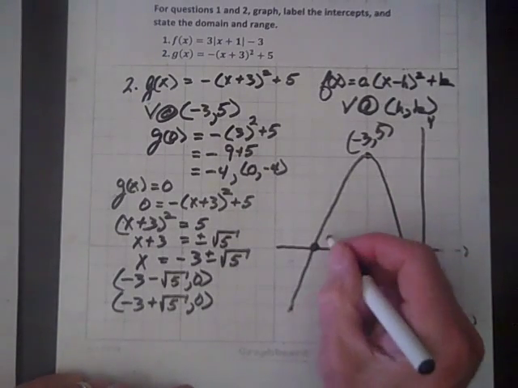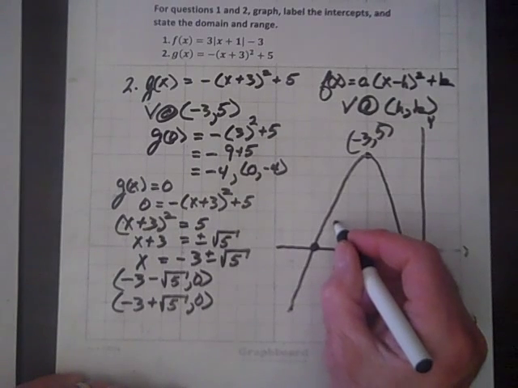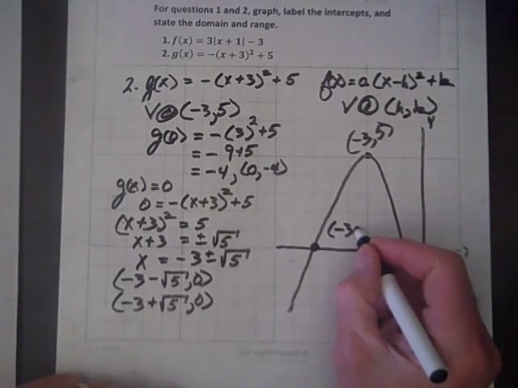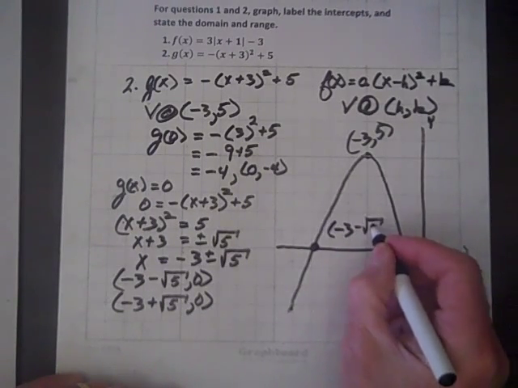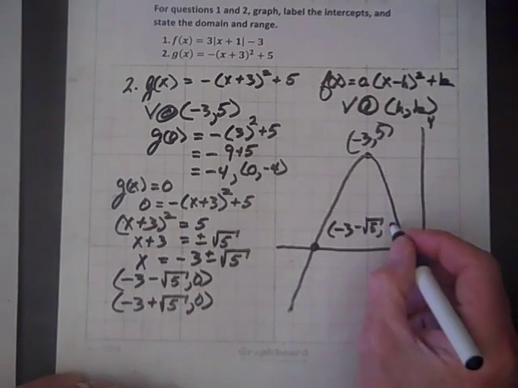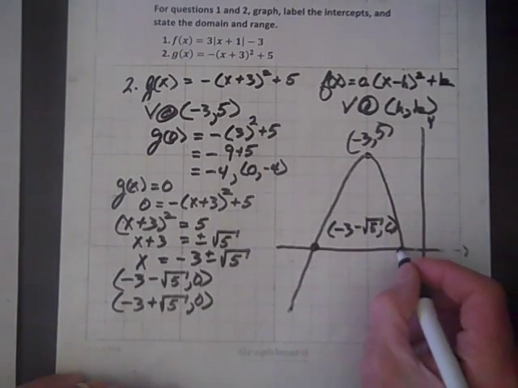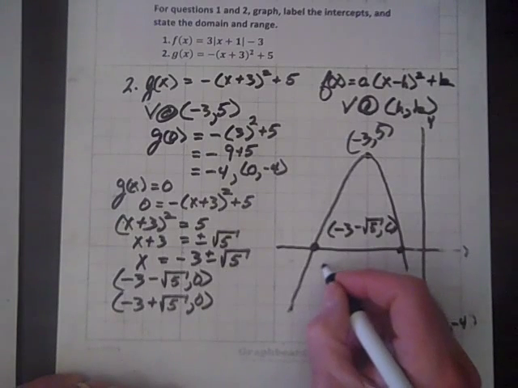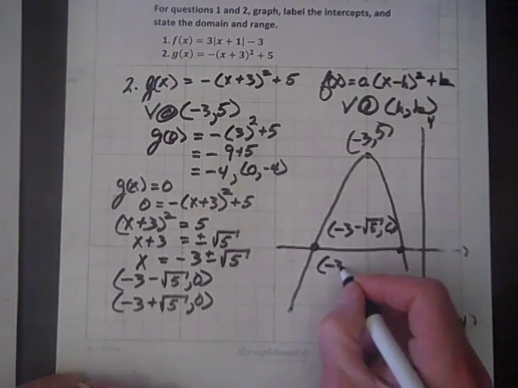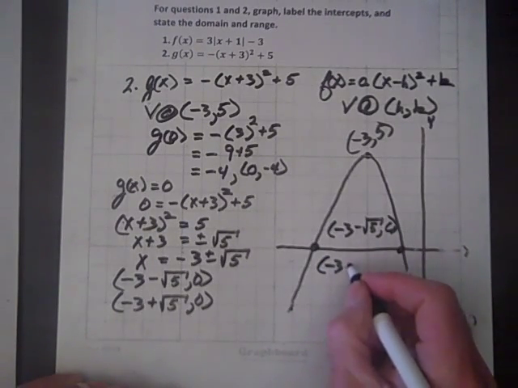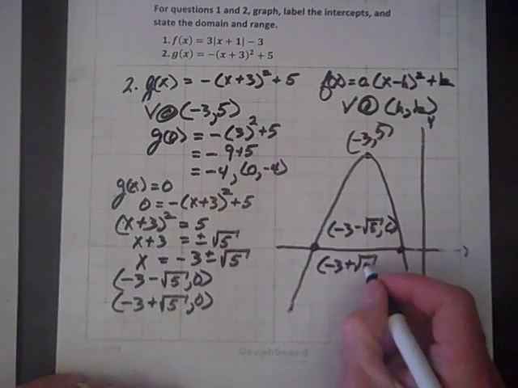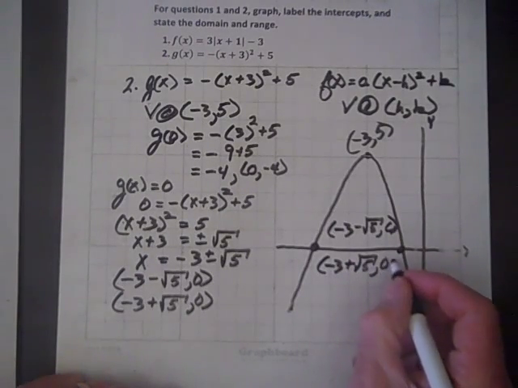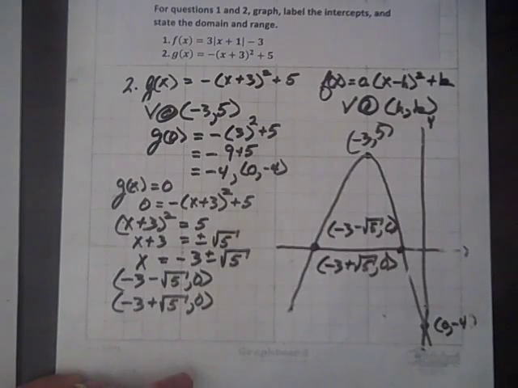So this point here, this x-intercept is (negative 3 minus root 5, 0), and this x-intercept occurs at (negative 3 plus root 5, 0). And let's see, we've done the intercepts.